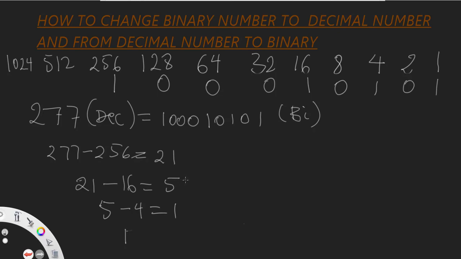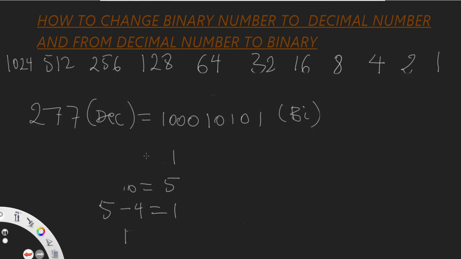Can you see that? Now let's remove this, okay? Look at the method that I did here. I want to repeat this question. 277 is somewhere here. Then let's minus here. 277 minus the number that follows, which is 256.